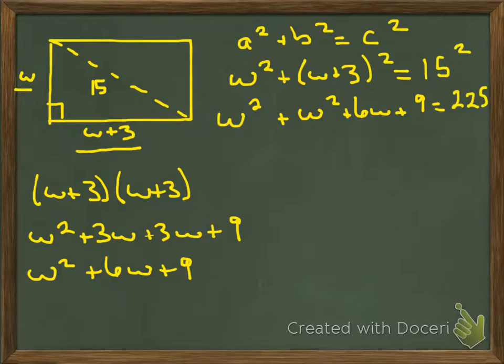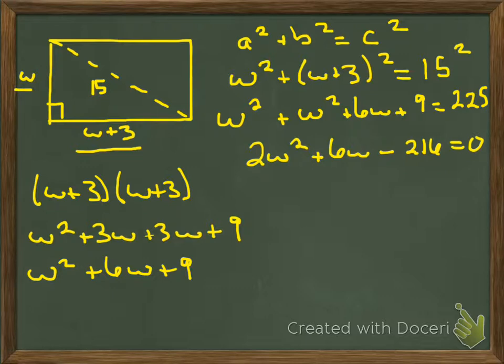All right, so we simplify. 2w squared plus 6w. Now remember, we want to set it equal to 0 if it's a quadratic. So if we take away 225 from 9, we get negative 216 equals 0. Okay? So now we're going to factor. And whenever you have a quadratic, and if you've got even numbers, always factor out a 2, right? It just makes it easier.